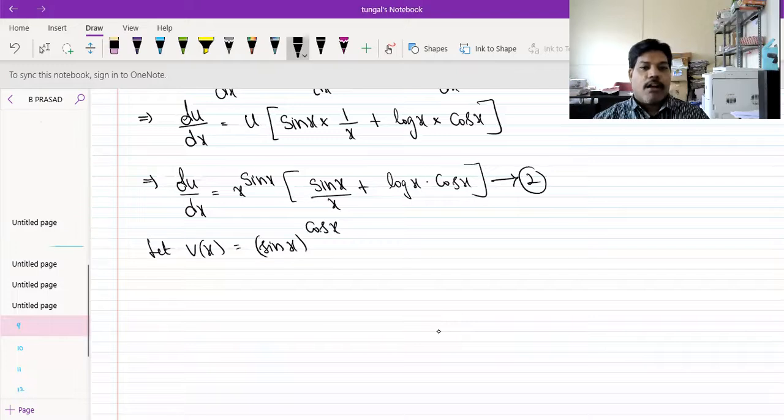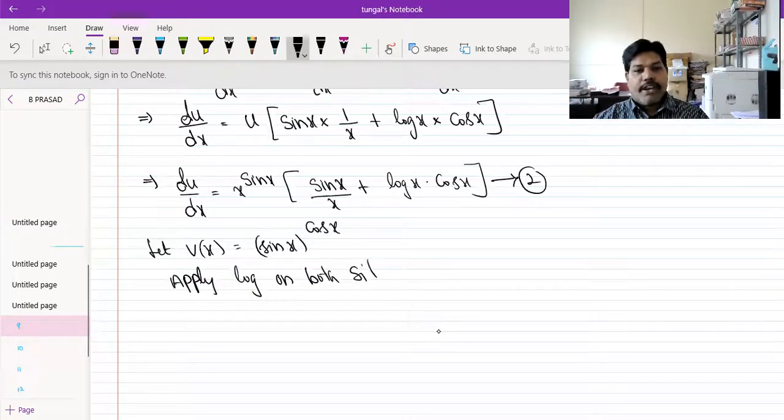Then apply the log on both the sides once again. On both the sides, what happens? If you apply the log, it will become log v is equal to log of sin x power cos x.